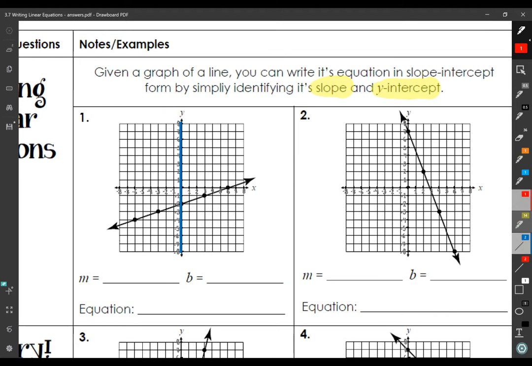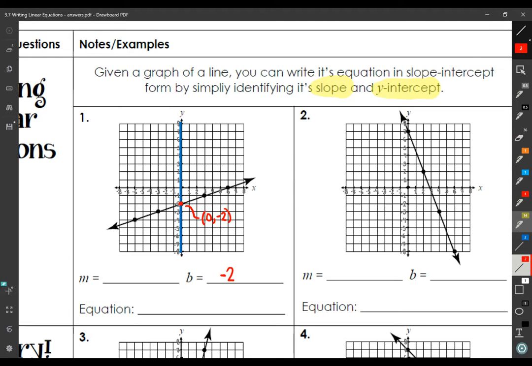So in this case, it would be the point right here. So our y-intercept, this point, is (0, -2). And that makes our b value in our equation -2.